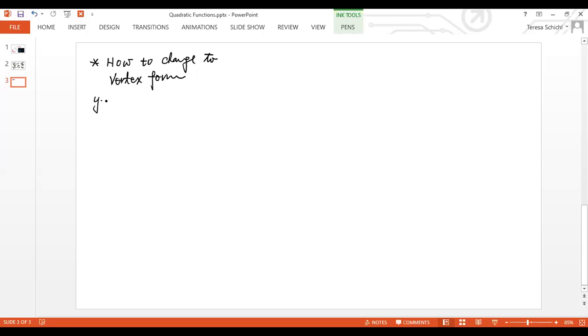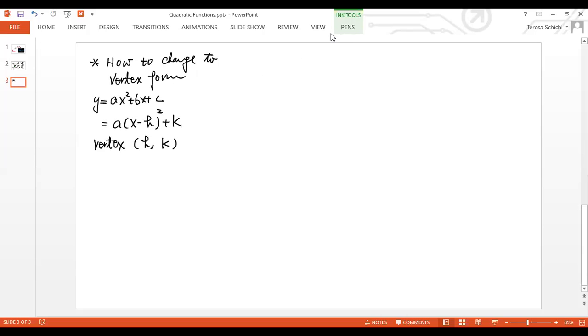That means if y is equal to ax squared plus bx plus c, right? The vertex form will change to look like this: a times (x minus h) squared, plus k. Okay, x minus h, and so the vertex here will be (h, k).